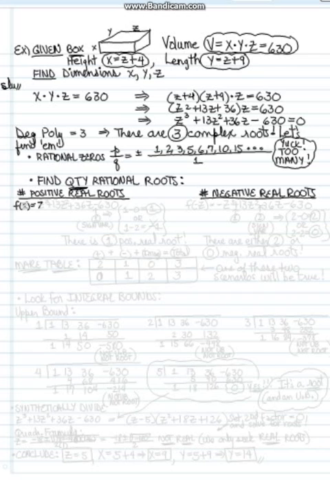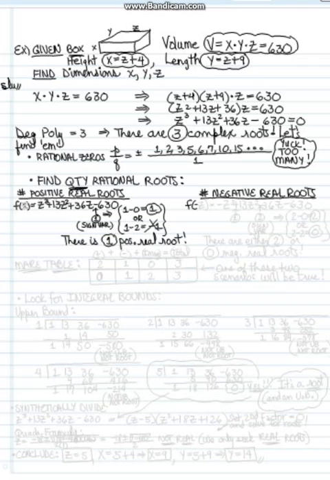This is f of z equals z cubed plus 13z squared plus 36z minus 630. Only one sign variation in this f of z. That means there will be 1 minus 0 equals 1 or 1 minus 2 equals negative 1. No, we don't have negative answers here, only positive. So there is going to be one positive real root.